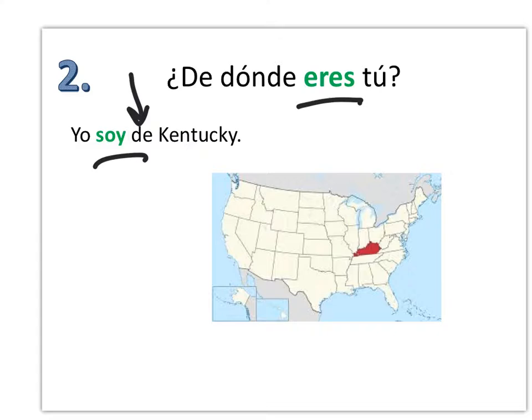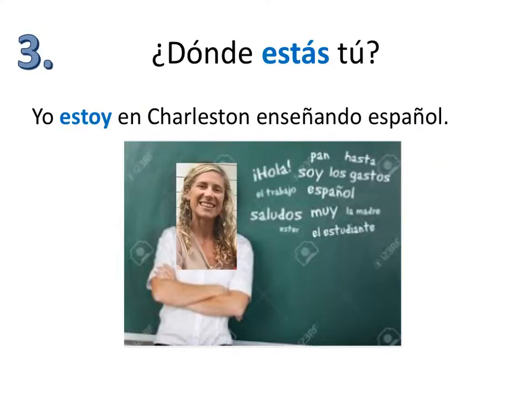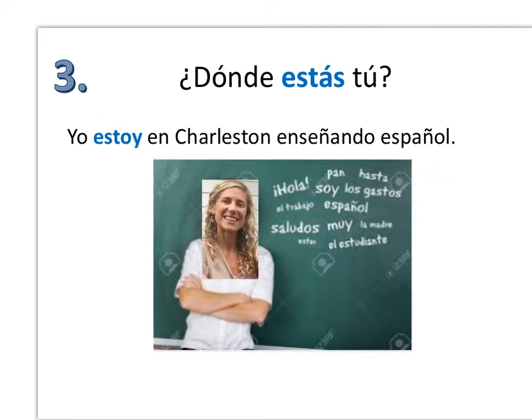Even though this is referring to a location, we're really talking about not where something's located. We're talking about the origin, where something's from, which is why it's important to know that little preposition de means from, versus, ejemplo, ¿dónde estás tú? Yo estoy en Charleston enseñando español.